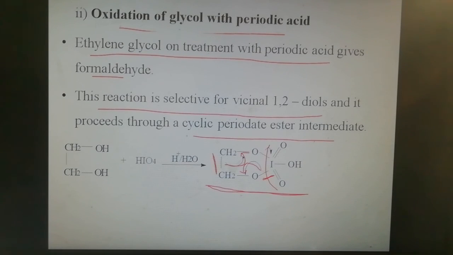So bond cleavage takes place to form 2 moles of formaldehyde and iodic acid, HIO3. Iodic acid and formaldehyde are formed.